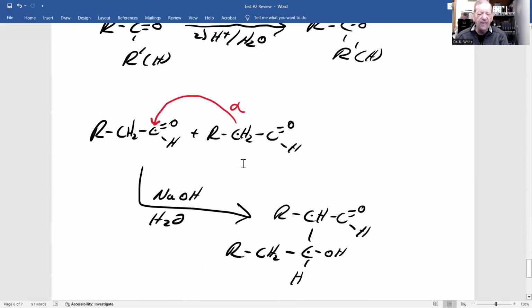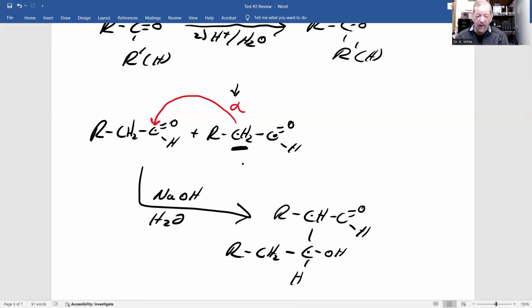All right, next, the aldol condensation. The carbon bonded to the carbonyl carbon is called the alpha carbon, and the hydrogens on there are acidic. I did my research on this.